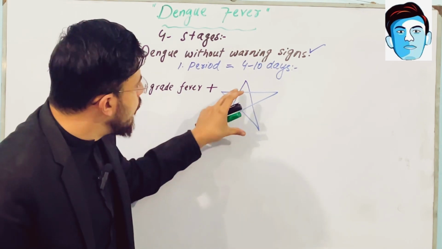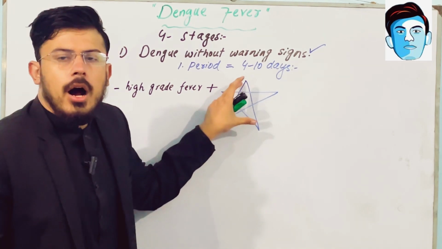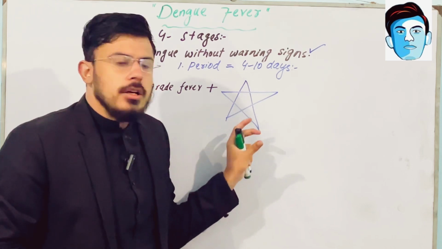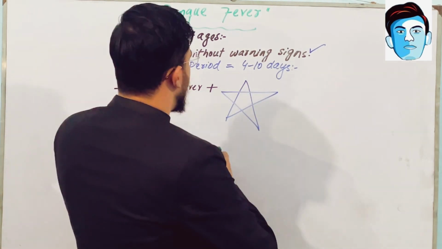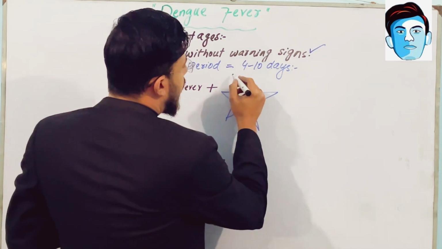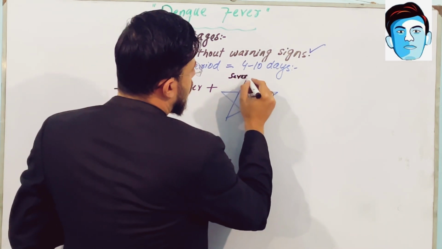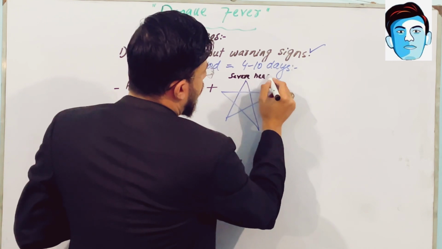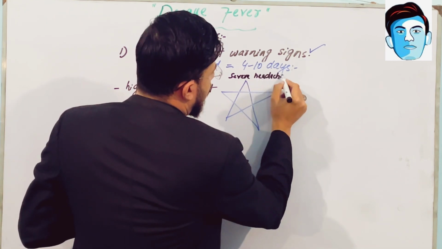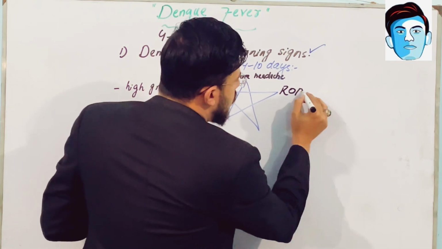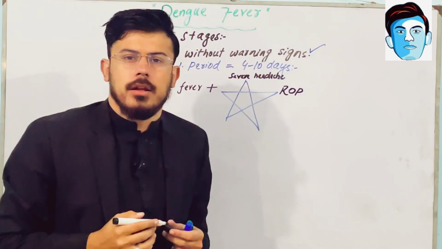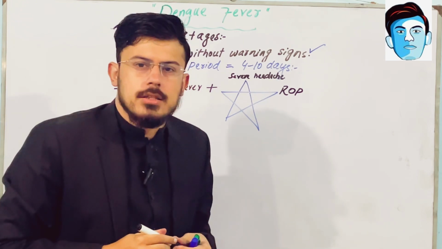So there are 5 important features, of which at least the first 2 must be fulfilled. There will be severe headache, and the most important is a history of retroorbital pain, that is pain around the eyes.